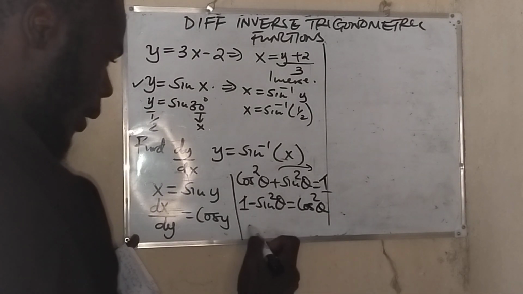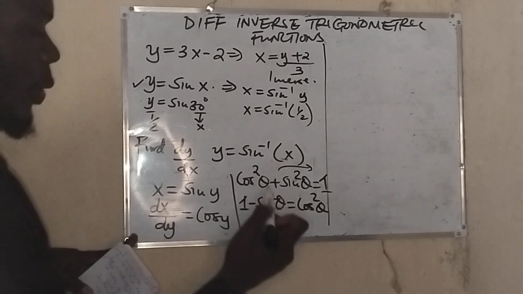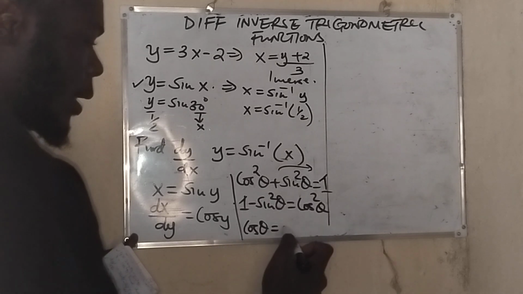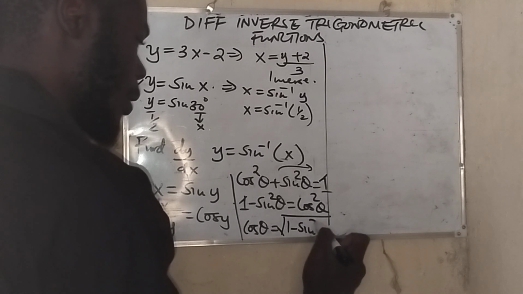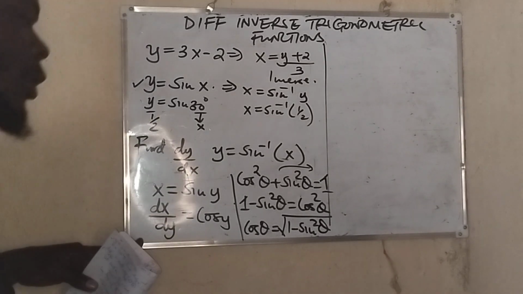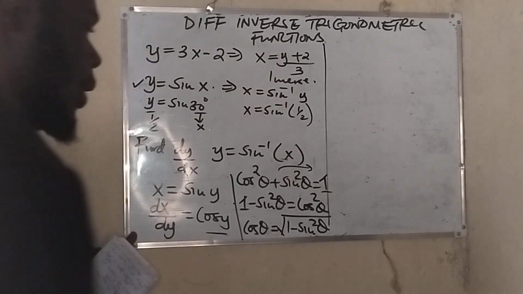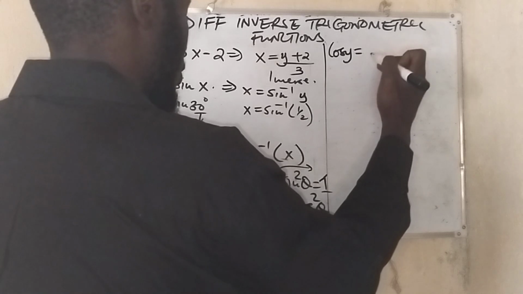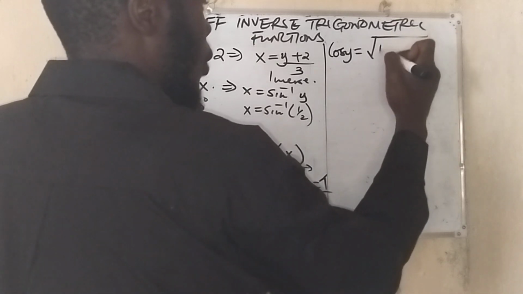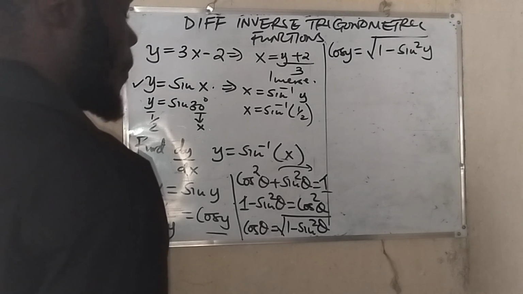Taking the square root on both sides, cos theta will be the square root of 1 minus sine squared theta. You can use this expression to substitute for cos y, so cos y equals the square root of 1 minus sine squared of y.